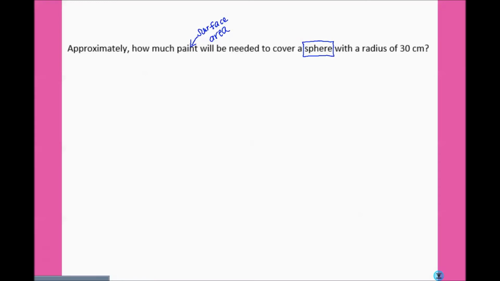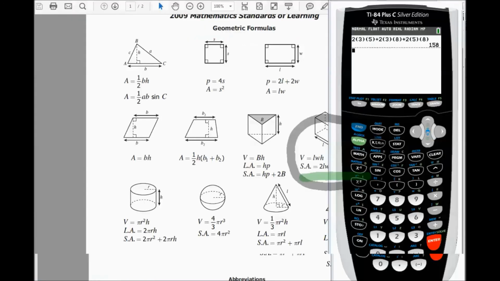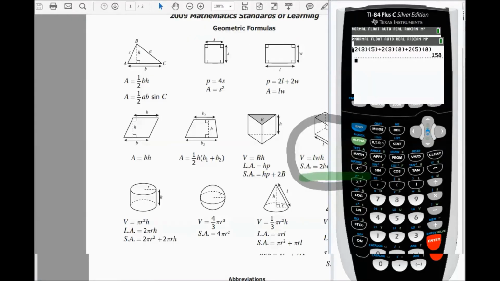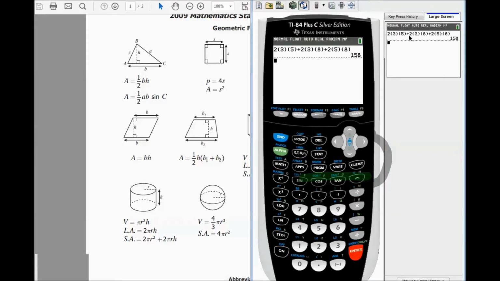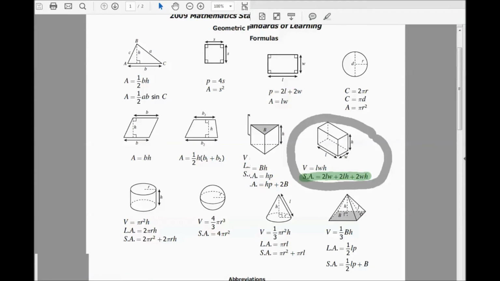So if we look on our formula sheet, here's our sphere.